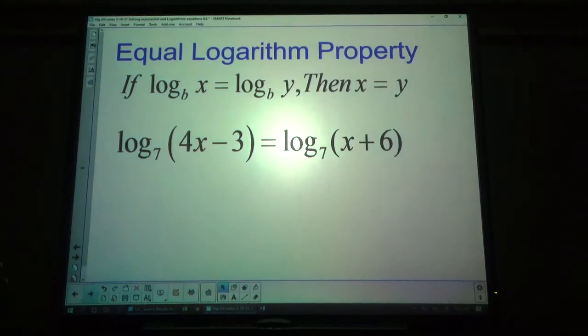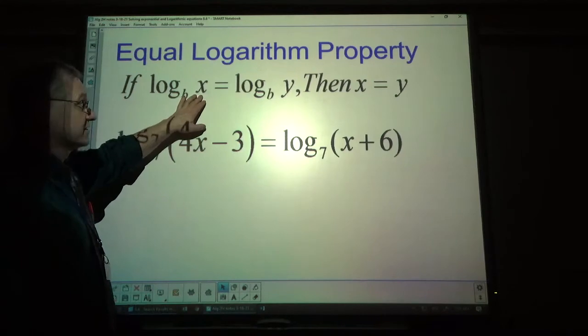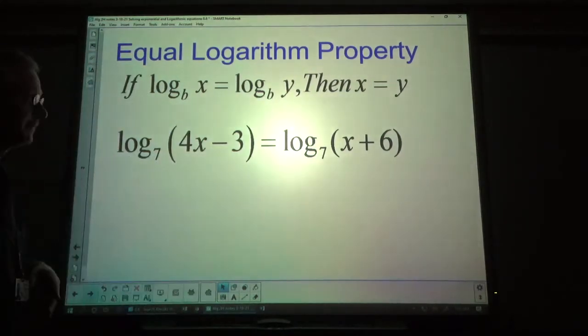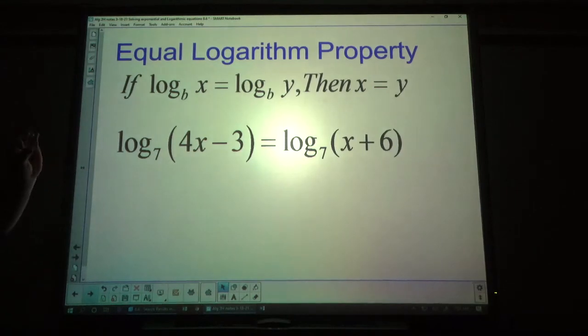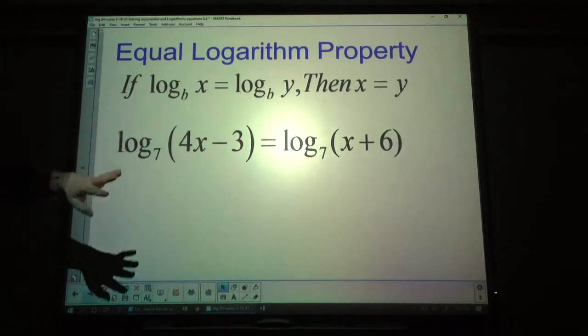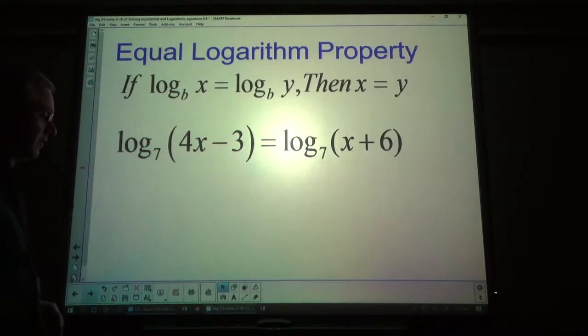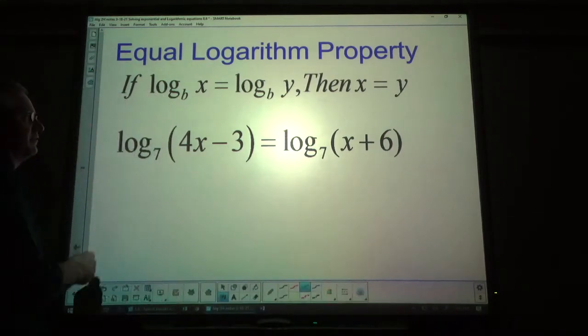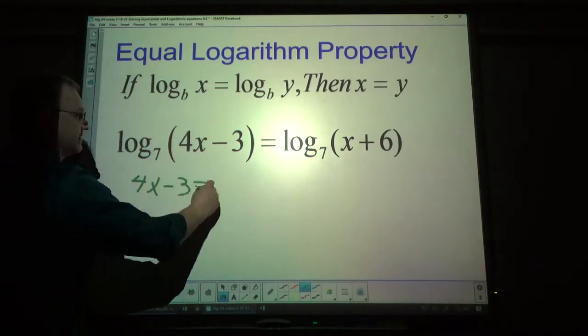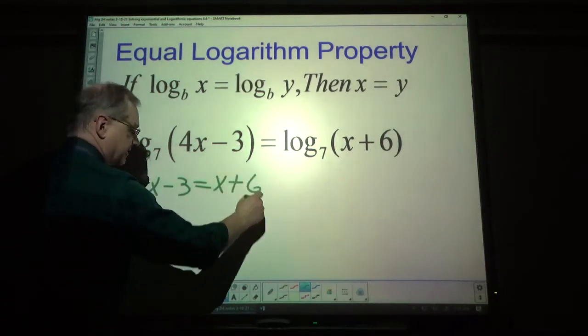All right, let's continue. Equal logarithm property. If log base b of x equals log base b of y, then x has to equal y. So, key things here, the bases have to be the same and the 2 things have to be equal to each other. Well, our bases are the same of our log and they're equal, so 4x minus 3 has to equal x plus 6.